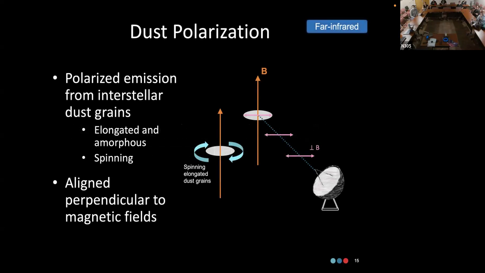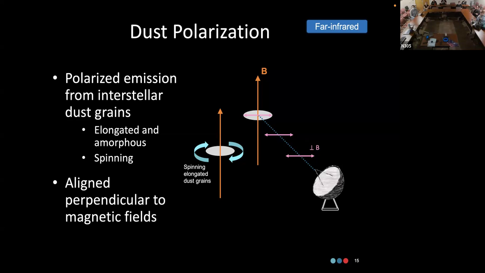So let's start with far infrared observations. Dust polarization is a technique that has been used to determine the plane of sky component of magnetic fields, and it has been widely used. It's based on the alignment of interstellar dust grains perpendicular to magnetic fields.